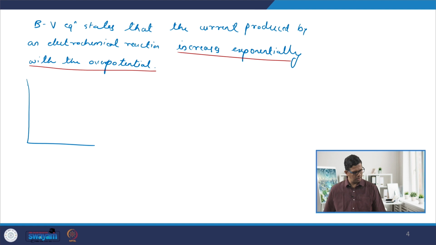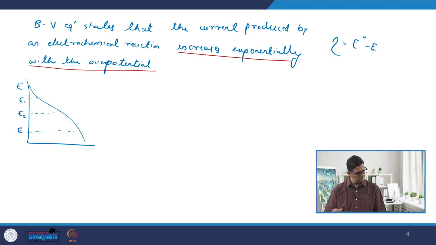So in other words, what is our eta? Eta is basically E naught minus E. So it is the difference between the reversible cell potential and the operating potential. So let us say we are talking about the fuel cell, this is our IV curve, this is our E naught, and this is, let us say, E1, which is our first operating potential, then this is E2 and E3.